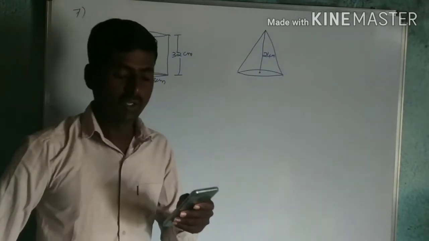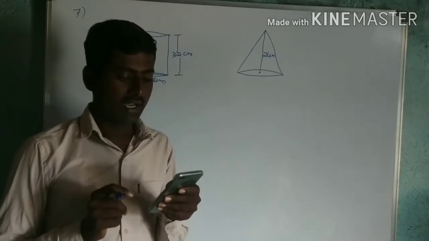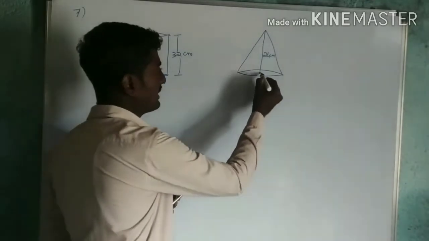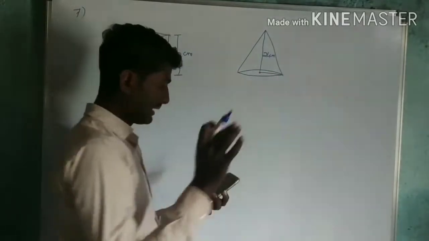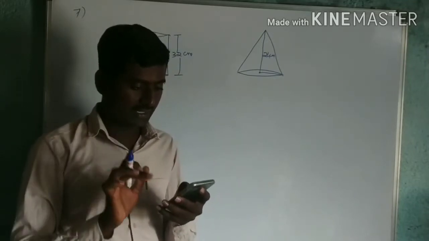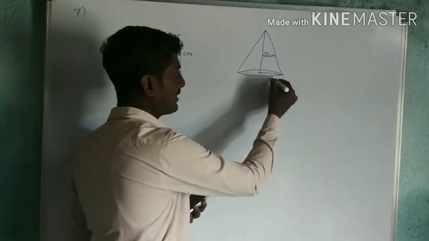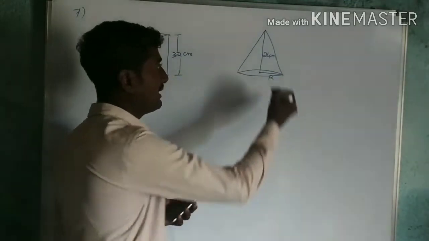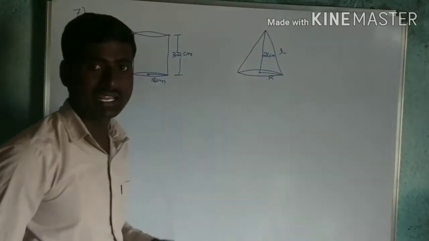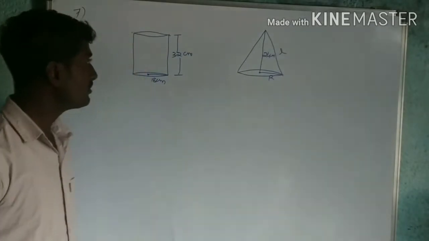Then find the radius and slant height of the heap. So we have to find the radius. I will take this as capital R. And the slant height means this one. So this slant height we have to find. These two are mandatory. We have to find them.